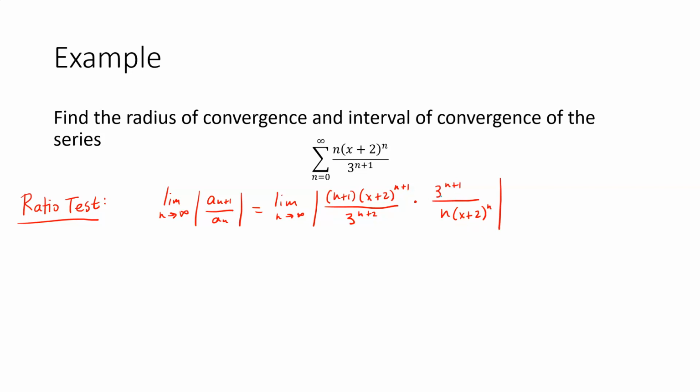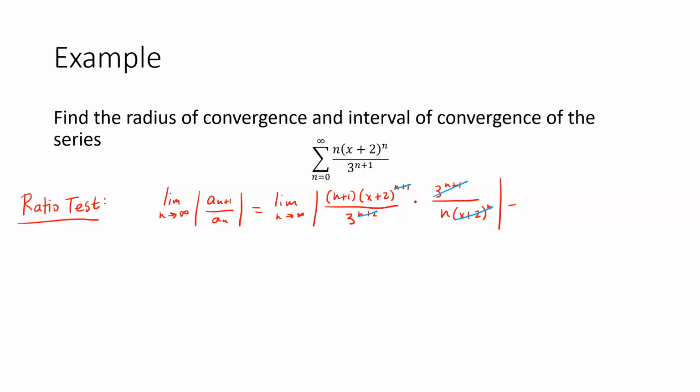Okay, so let's simplify the 3's here. 3 to the n plus 1 will divide with 3 to the n plus 1 here, so I'll have one more factor of 3 left over downstairs. (x plus 2) to the n divides with (x plus 2) to the n up here.